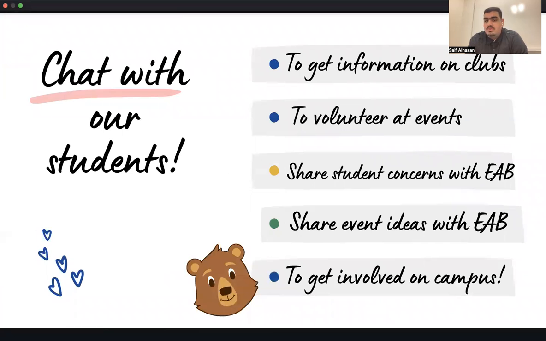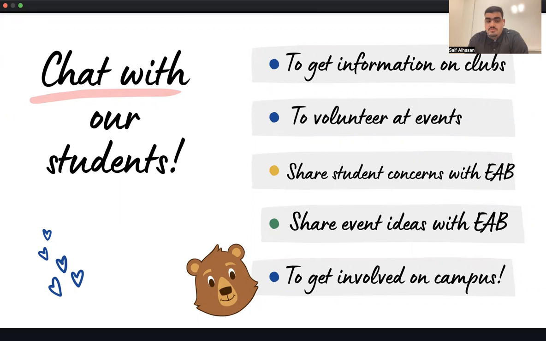So chat with us. You can talk to us to get information, or to volunteer at events. Volunteering at events is a really fun way to get involved. You can be a part of our team for a day.